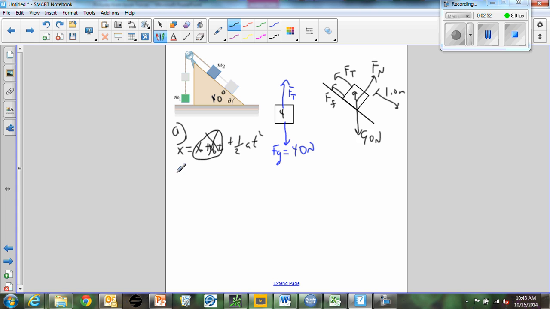So x, 1 meter, equals 1/2 a times t squared.